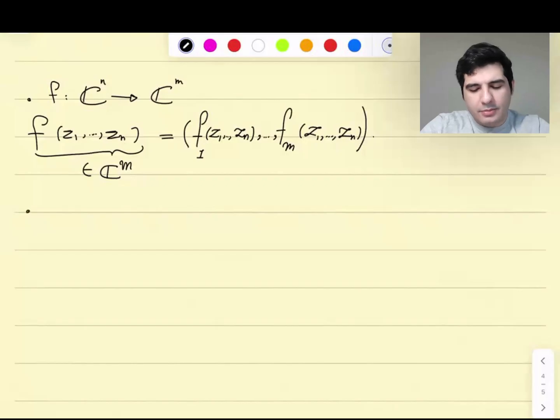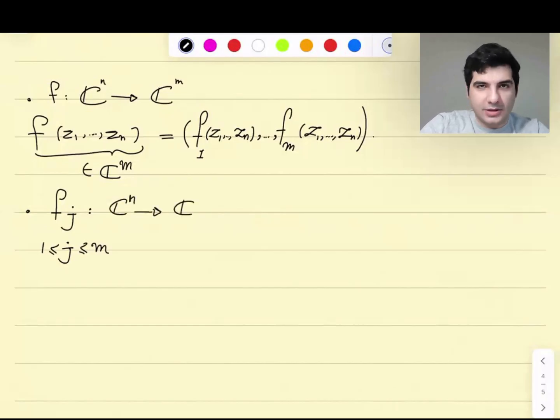Now, each component fj can itself be understood as a function from Cn to C, right? It's just one component of our function. Most properties of functions are defined component-wise, in the sense that I would say this function is continuous, or differentiable, if each fj is continuous or differentiable. You can think about it maybe as a theorem, but anyways.